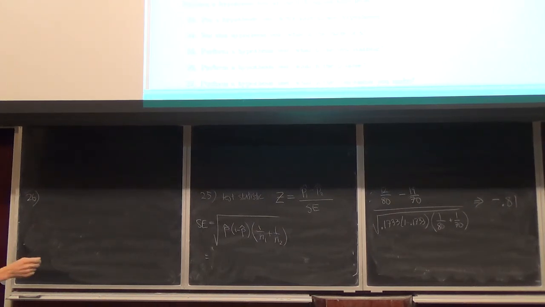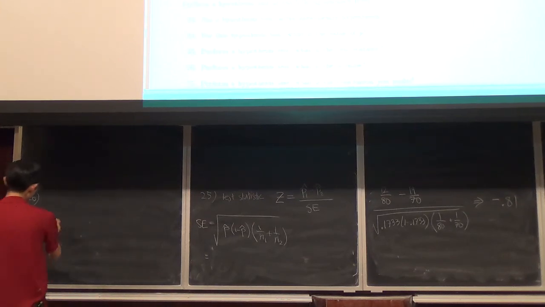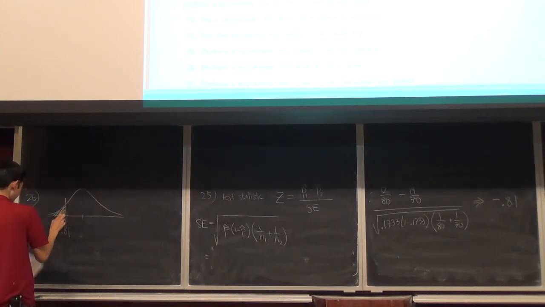And I look up negative 0.81. How much do I have in the tail if I look up negative 0.81? I have 0.2090 in the tail.